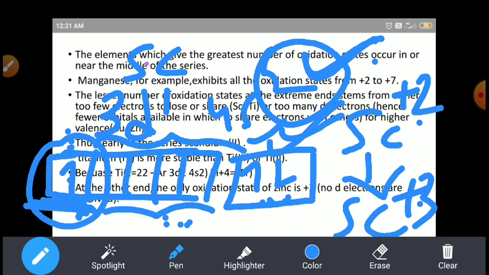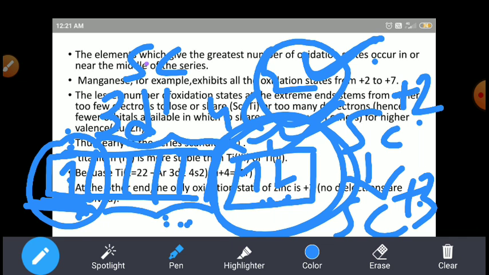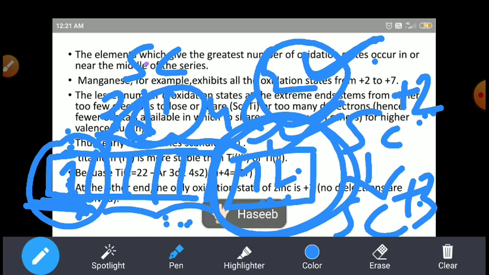Initially it releases the electrons from the 4s, and after that it releases the electron from the d orbital, and the +2 oxidation state turns into +3.